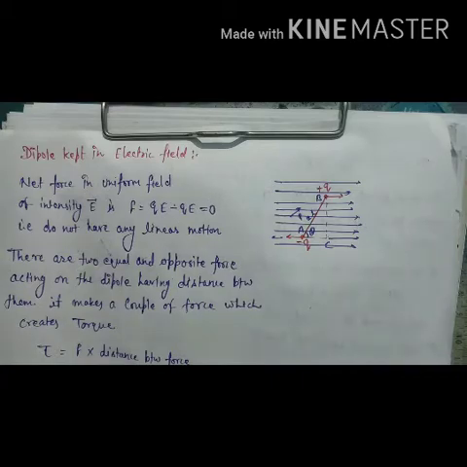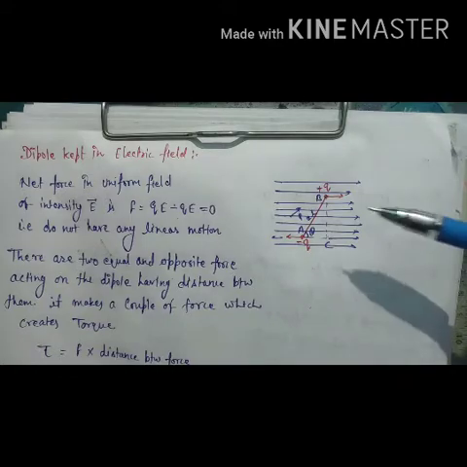Whenever we keep a dipole in a uniform electric field, it experiences a force. How much is this force and how can we calculate it? We already know a point charge in an electric field experiences a force qE.